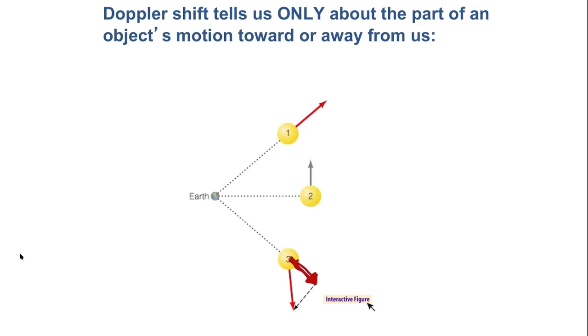This object is moving faster than this, but it is the radial velocity. It's the component of that velocity that's along our line of sight. We'll measure a positive radial velocity for this object because it's moving away from us, and it will be less than the true velocity. We can't tell from the Doppler shift that there's a component in this direction as well. But the Doppler shift does tell us whether it's generally moving towards us or away from us.